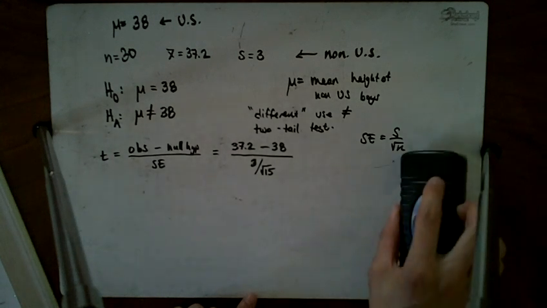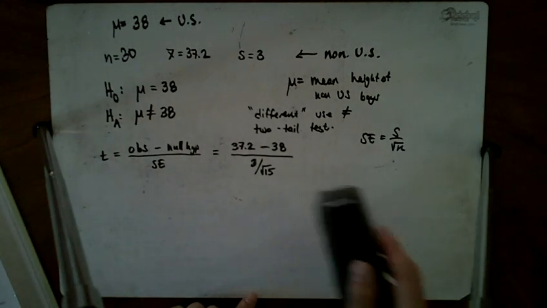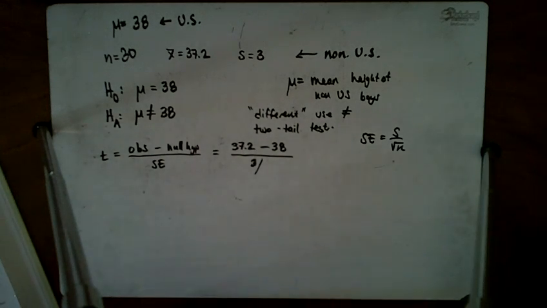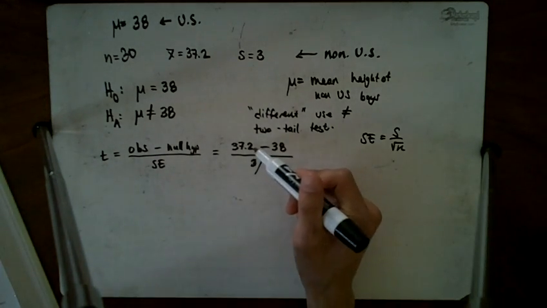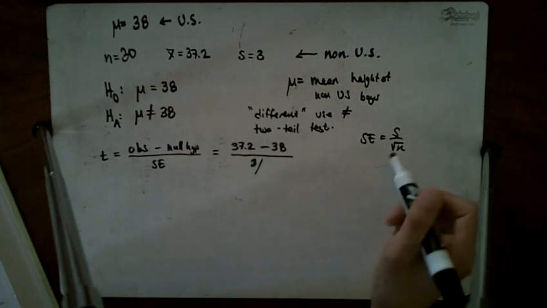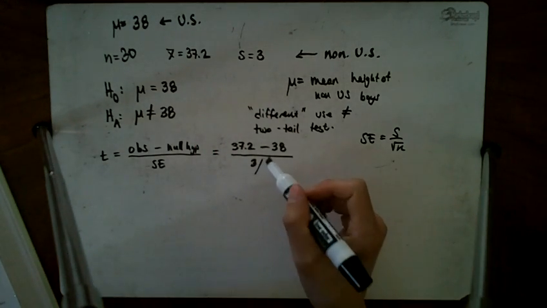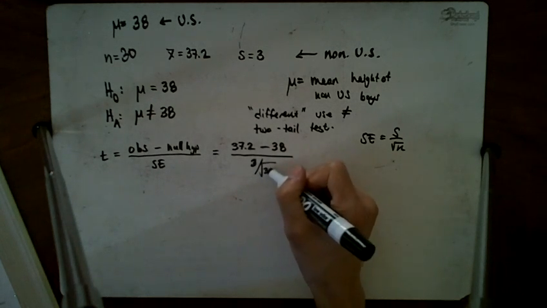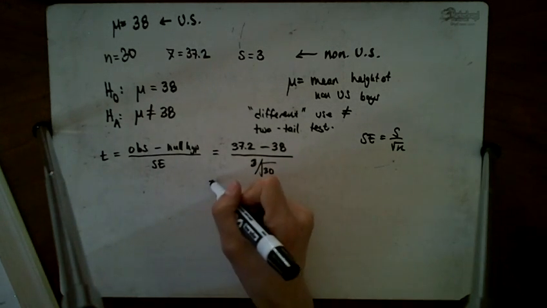The standard error, however, is still s over the square root of n, but now my n has changed. My observed is still 37.2, my null hypothesis still states 38, the standard error is still s over the square root of n, my s is 3, and the square root of n is now going to be the square root of 30.